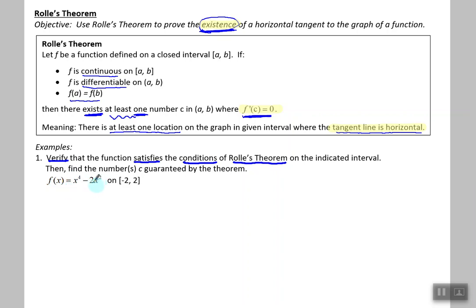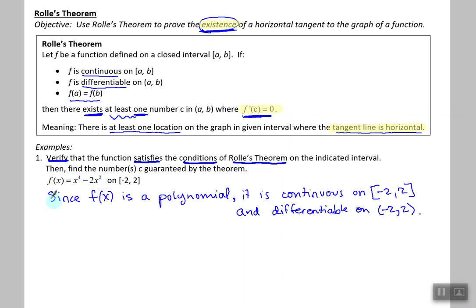Since this function is a polynomial, it must be continuous and differentiable on all real numbers. So we write, since f of x is a polynomial, it is continuous on the closed interval, -2 to 2, and differentiable on the open interval, -2 to 2, since of course we can't take the derivative at endpoints.